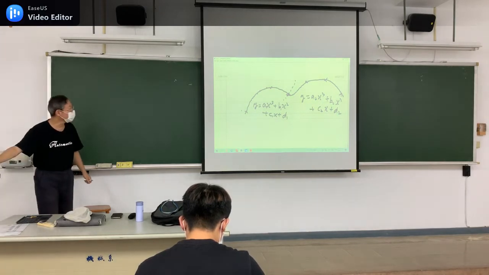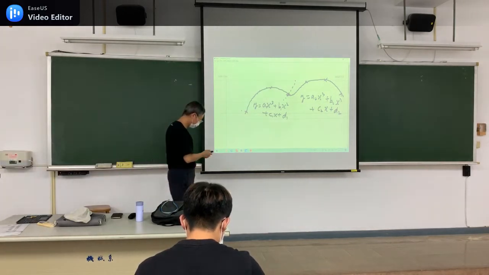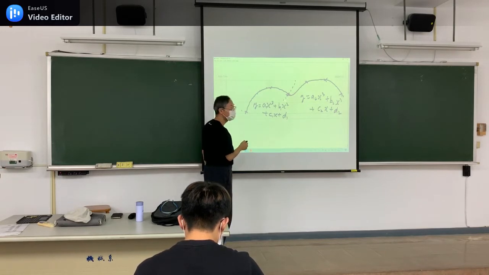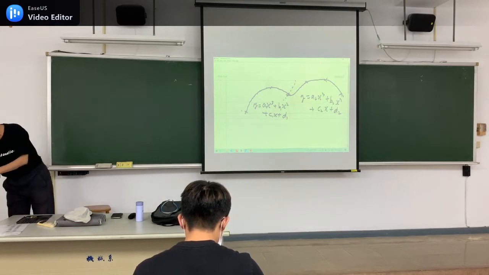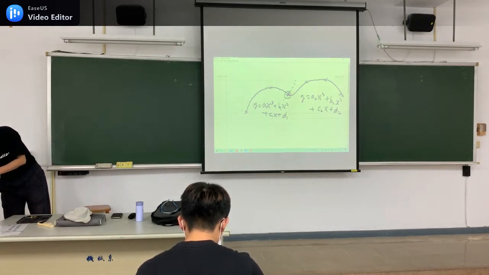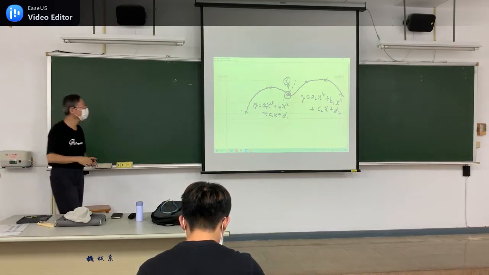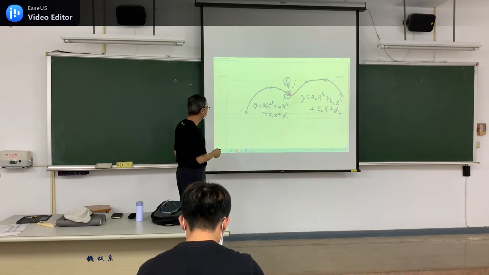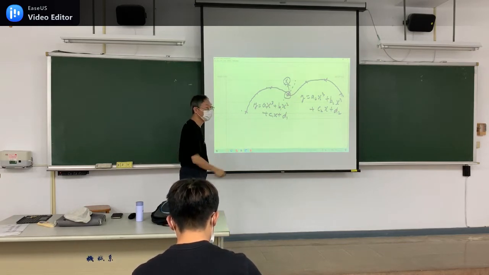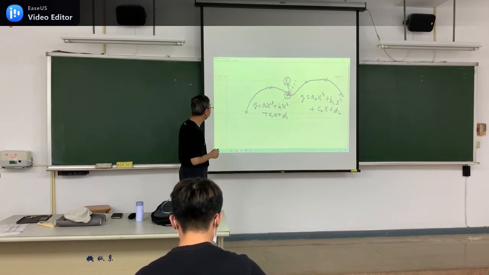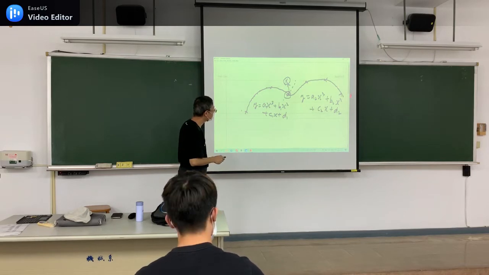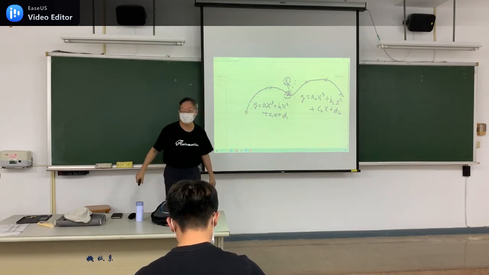However, if this point is changed to another like this, then both this polynomial and this polynomial will be changed. Right? So it will affect 1, 2, 3, 4, 5, 6. It will affect 6 points.